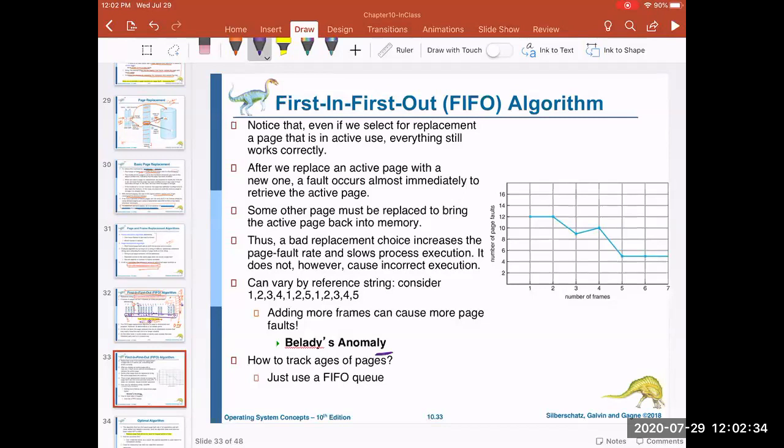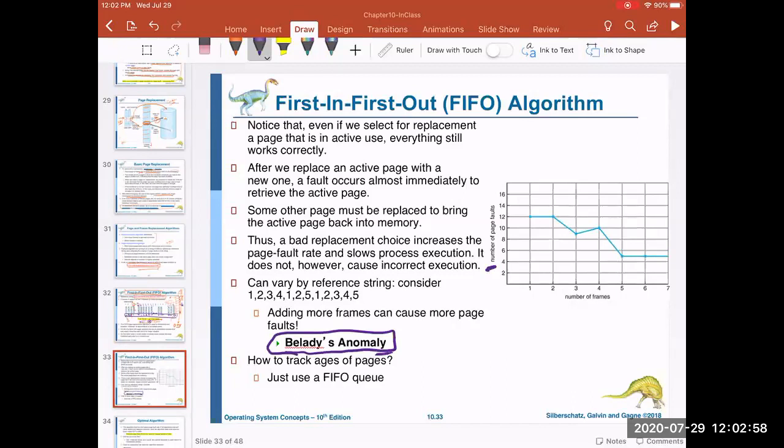So we were thinking that if we keep on increasing the RAM, there would be fewer page faults, but there are certain algorithms that suffer from Belady's anomaly. Belady's anomaly is that even if we increase the number of frames available, the number of page faults may increase.